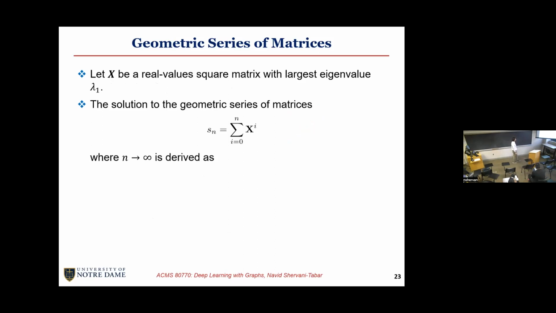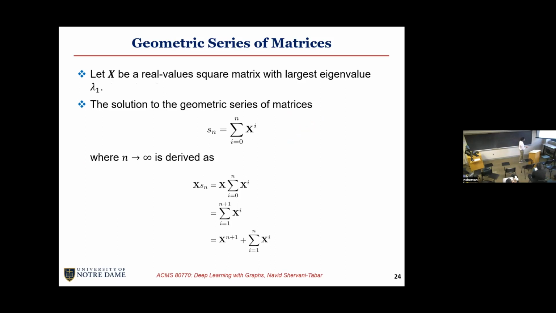Let's look at the solution and see when it's true. Let's represent that geometric series of matrices as Sn, and then we multiply both sides by X. On the right-hand side, we can take this into our summation and multiply each element of the sum, so it's going to be from 1 to n plus 1.